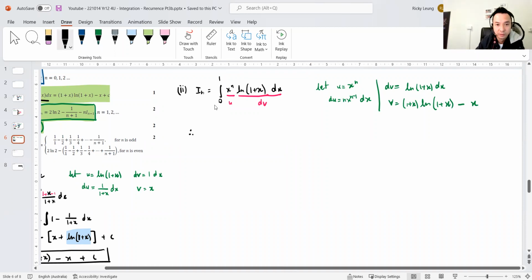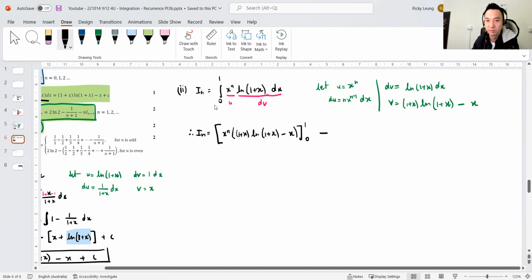So therefore, I n equals limits of u times v. Okay, should be 0 because it doesn't matter. So if I go x^n multiplied by this, so (1 plus x) ln(1 plus x), or maybe not. Let's look. Close bracket, 1 and 0, minus this times this.